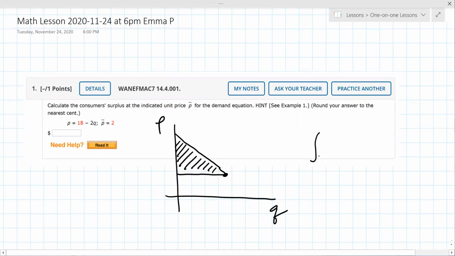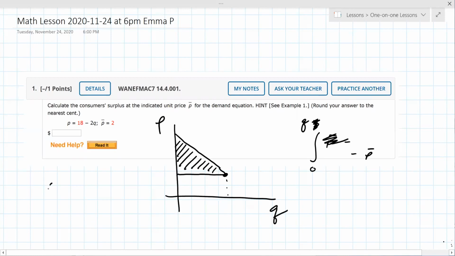It's the integral from 0 to wherever the intersection point is, which we'll call Q. And then you take the P bar and subtract your function. No, this is the demand function. Sorry, it's the other way. So we're going to subtract P bar from this.